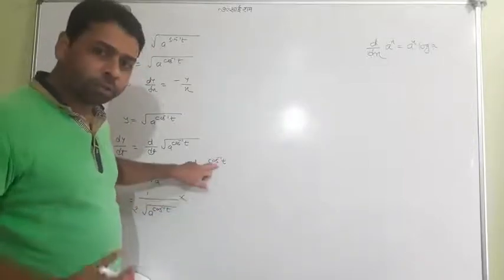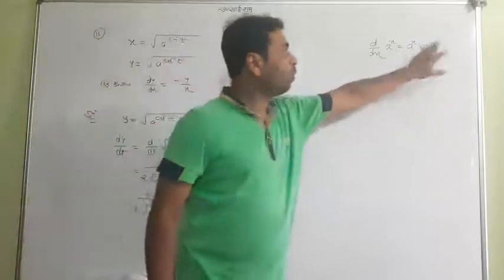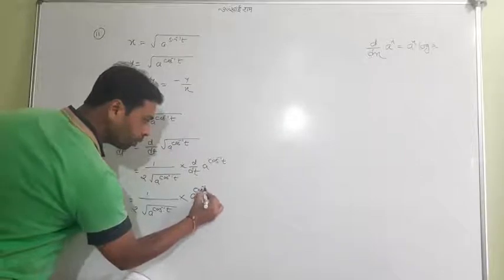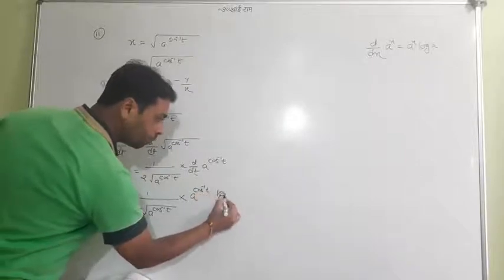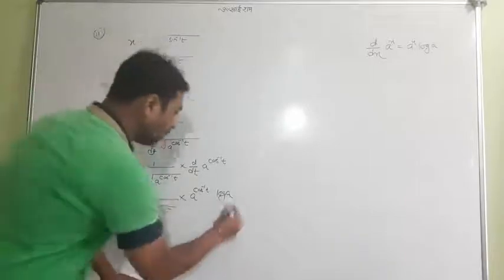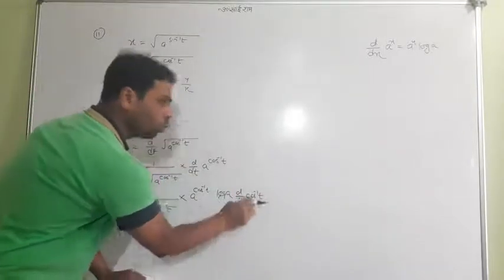A and then cos inverse t. So don't worry about that. First use a: the same into log a. But this is not enough. You have to go d by dt of cos inverse t also.